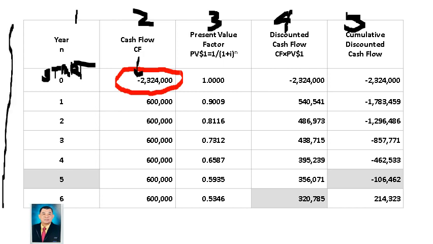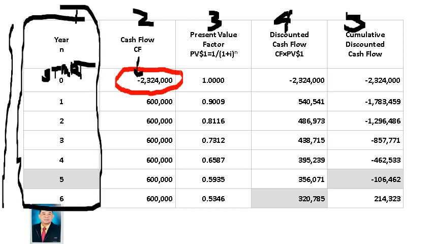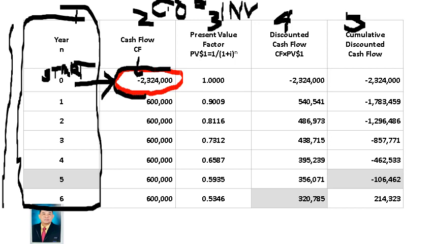The number of years. You started from 0. What are you going to write with the 0? The capital investment, or the cash outflow, or the initial cost of the investment. Why negative? Because it is cash outflow, going out. And the rest are positive because it is coming inside the company.